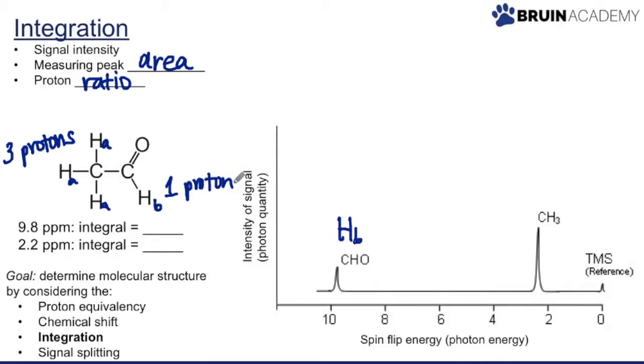We see that we have 1 proton there and 3 protons at the 2.2 chemical shift, which is this one over here representing these hydrogens. So the ratio of this one to this one is 1 to 3. We want our lowest integer to be 1, which we already have here, so we don't need to simplify anything further. So our integral for this is 1 here and 3 here.